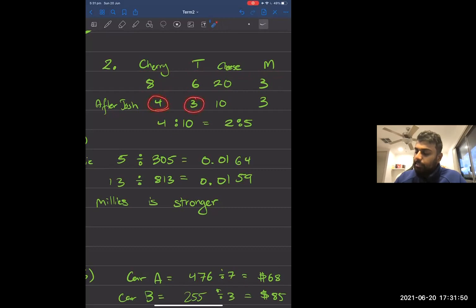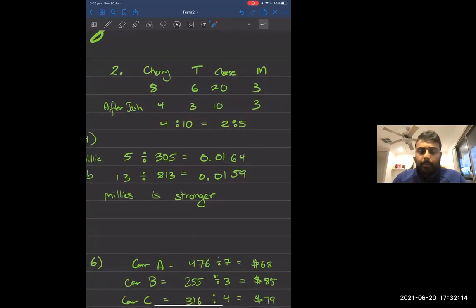He ate 3 Tim Tams, that's left with 3, and cheese sticks, he ate 10 of them, and now you're left with 10, and he didn't touch the muffins. So now you're left with 4 cherries and 10 cheese sticks. So the ratio is 4 to 10, which is 2 to 5. Do you guys understand? That's how we do question number 2.